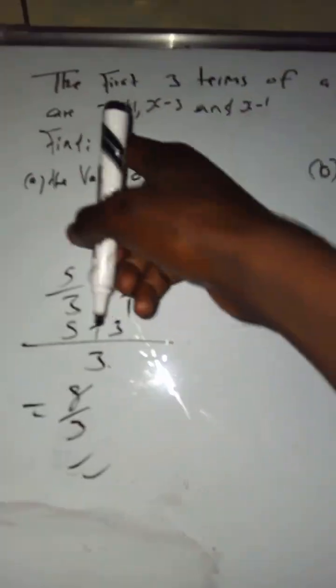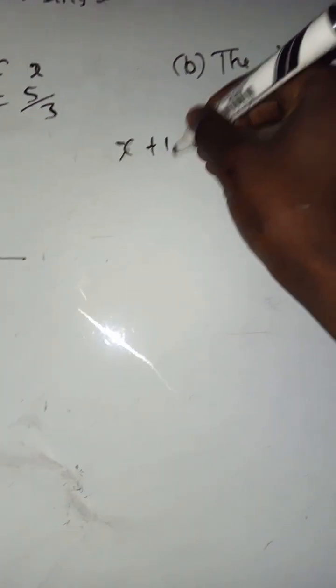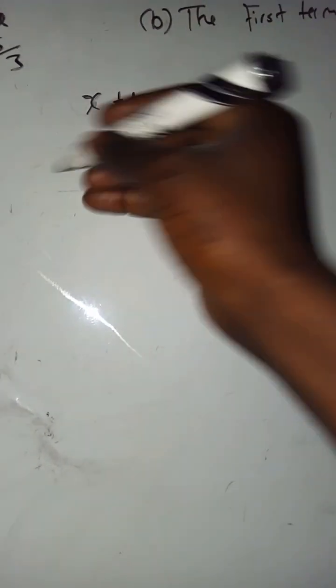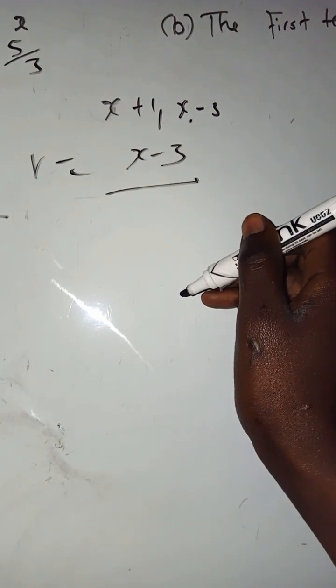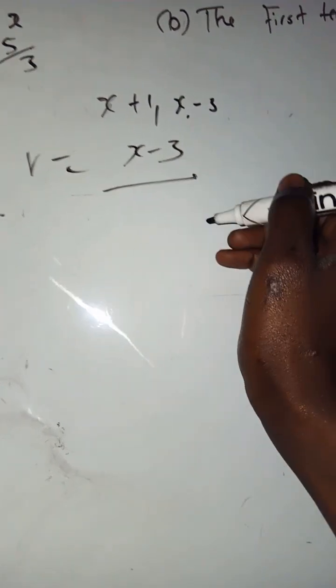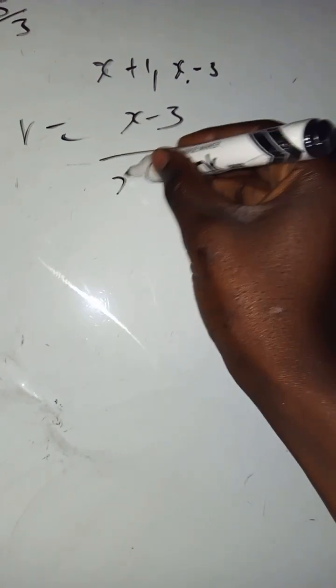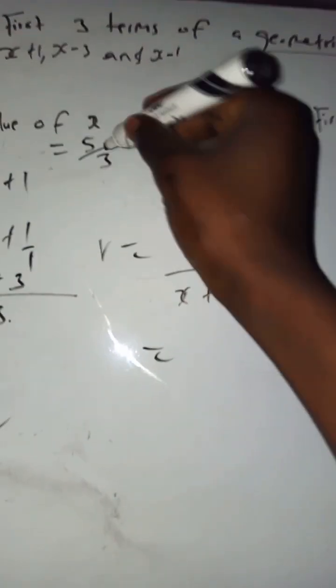The common ratio is, let's get back to what we have. We have x plus 1, we have x minus 3 as second term. So r equals the term I'm looking at, which is x minus 3, dividing by x plus 1. That's the previous term. So x is what? 5 over 3.